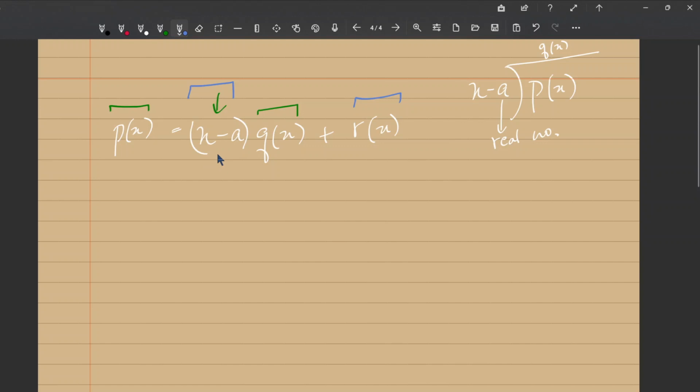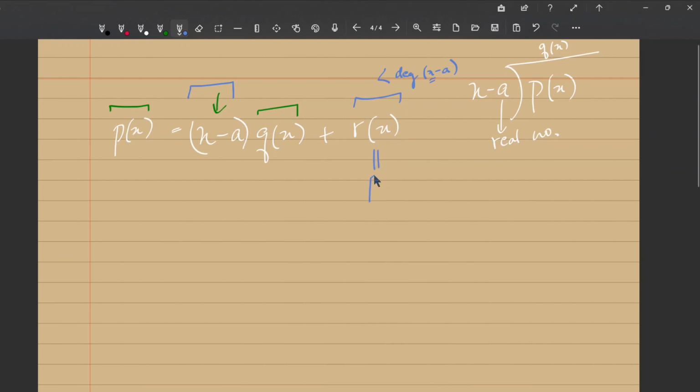So the only place we'll stop is when the degree of r of x is less than the degree of x minus a. So what is the degree of x minus a? The power of x in x minus a is 1, so the degree is 1. So the r of x polynomial has to have a degree of at most 0.